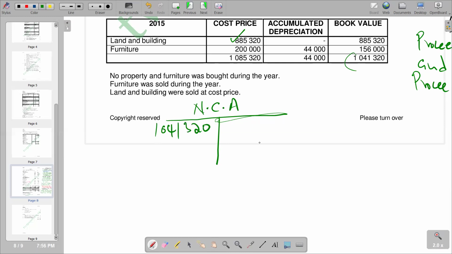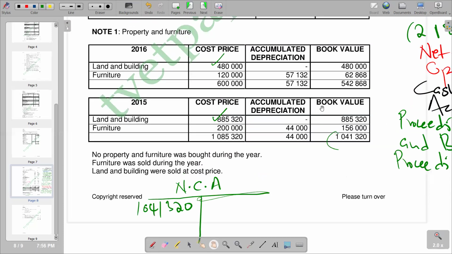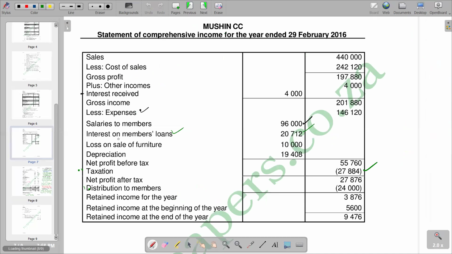And we show the closing balance and book value, which is here, 542,868 on the credit. And then the depreciation for the period, we put it on the credit side. So if you go back there, you'll see that depreciation for the period we're given it here, 19,480. So we put it on the credit side.